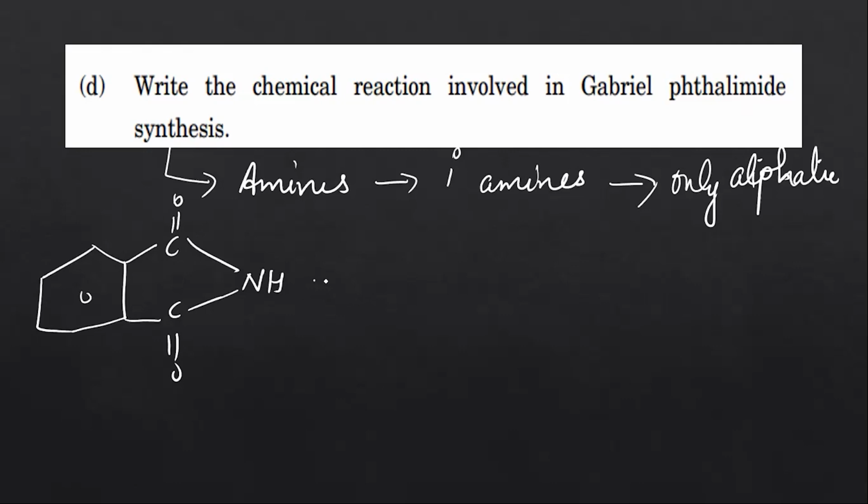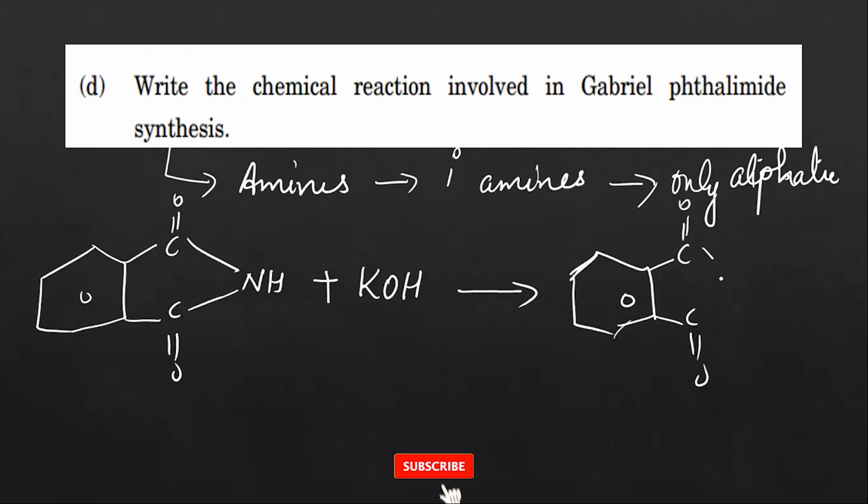And first of all, we have to make it react with what? Make it react with potassium hydroxide. So this H will be replaced by this potassium K. In the next step, we are adding alkyl halide, RX.